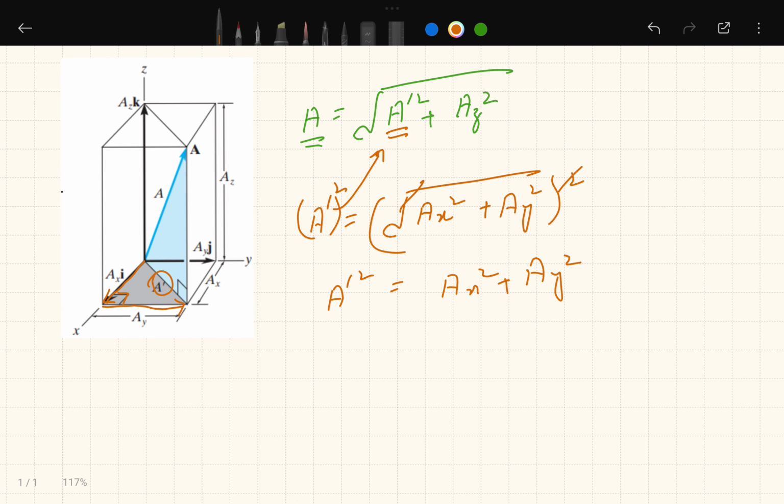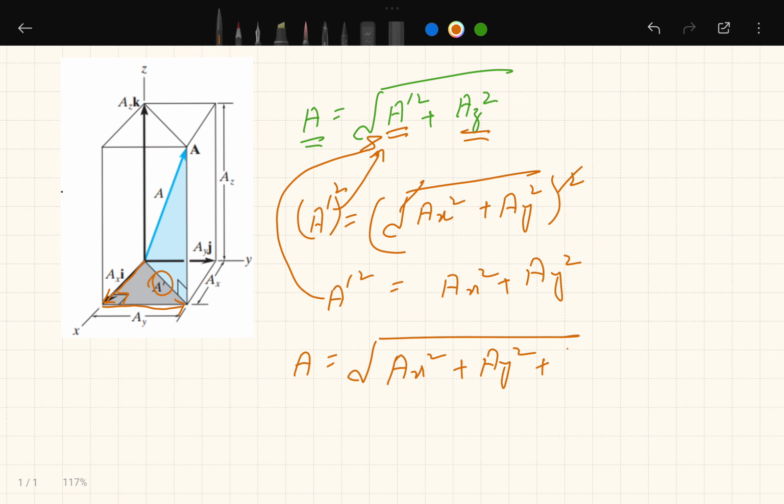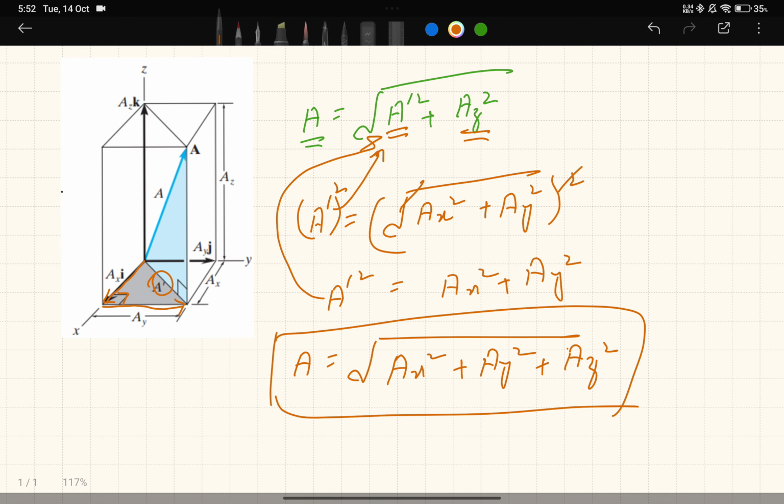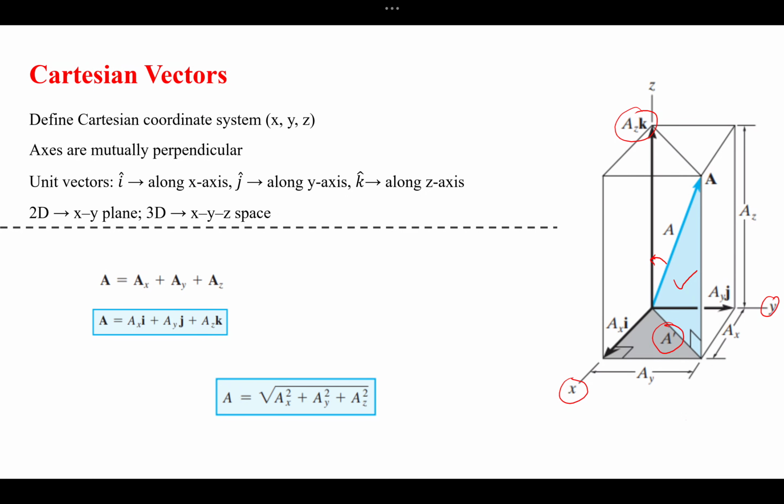So you insert this A prime squared right here and you get the vector A magnitude as the square root of Ax squared plus Ay squared plus Az squared. This gives you the total magnitude of the vector A in Cartesian coordinates, and that is the equation for the magnitude of the vector A.